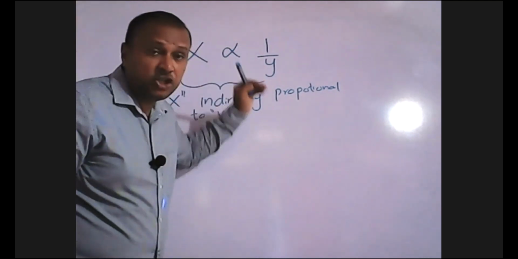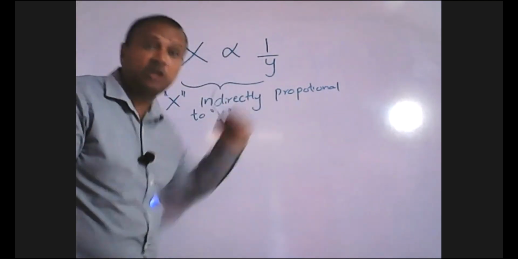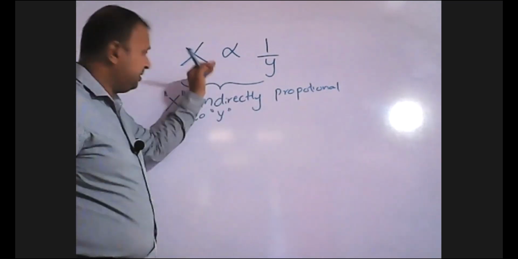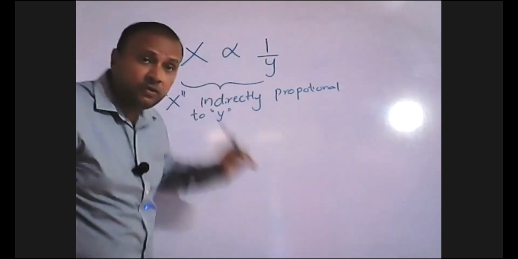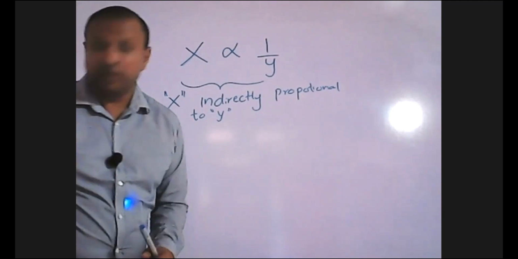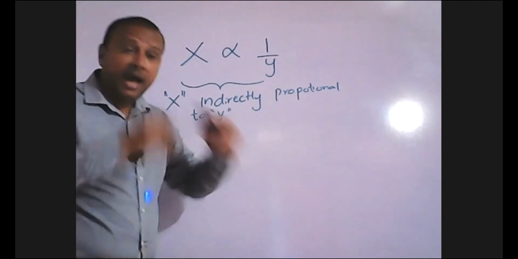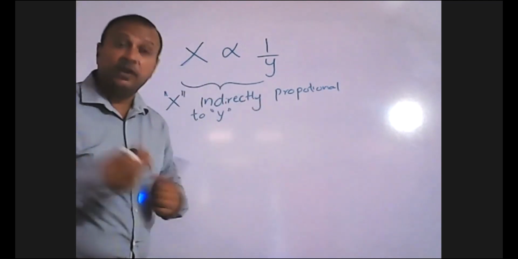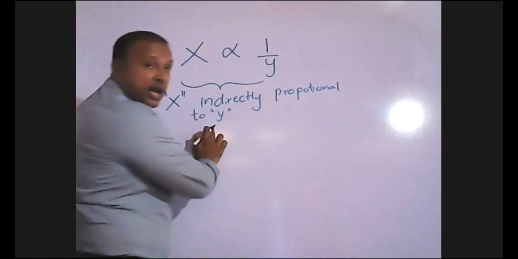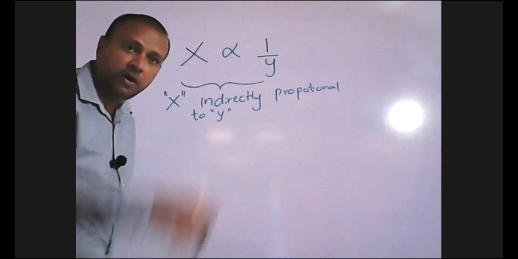So this relationship can be converted into an equation using the definition of their relationship. How to convert them? I can use the definition. If x is indirectly proportional to y, then the product of those two physical quantities should be a constant.